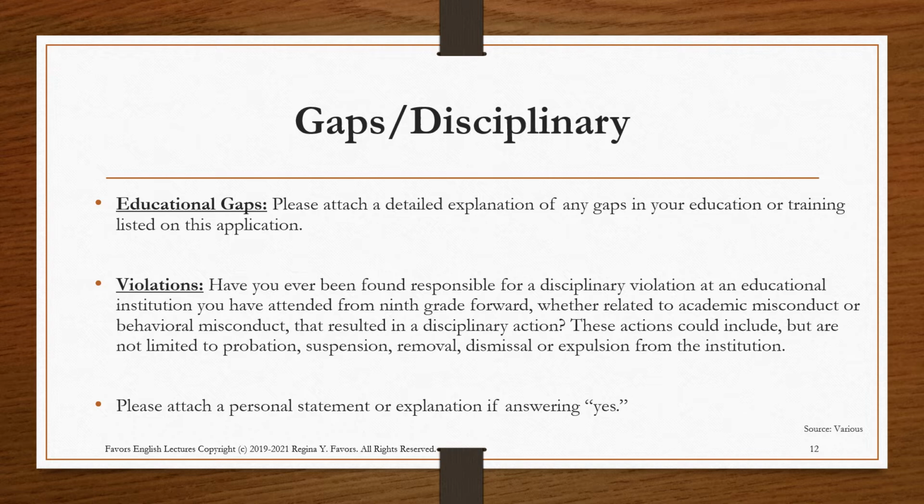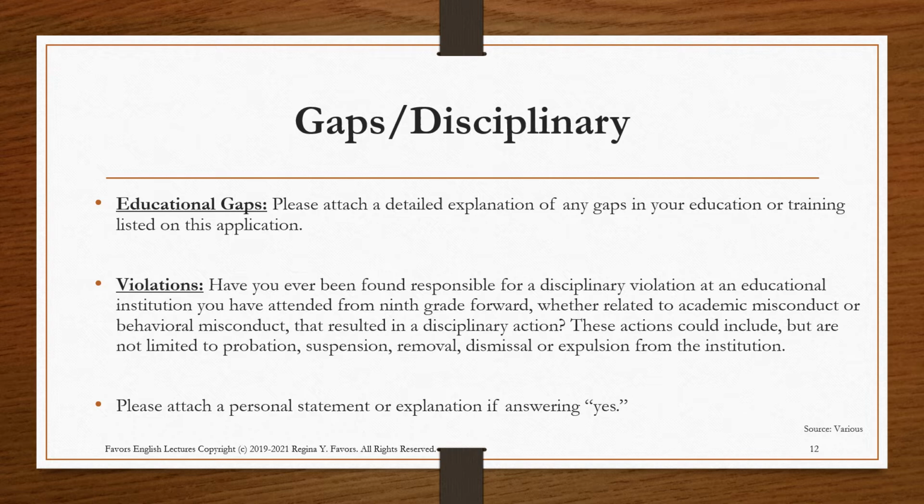And then it's asking you to please attach a personal statement or explanation if answering yes to any of these questions. In this part of the application process, if there is a disciplinary violation, you have to provide a personal statement. You cannot skip this part of the application process because you run the risk of the application being deemed incomplete.